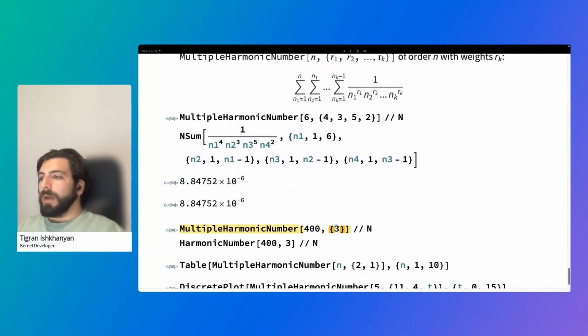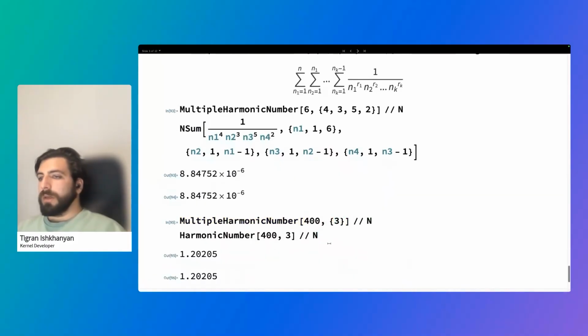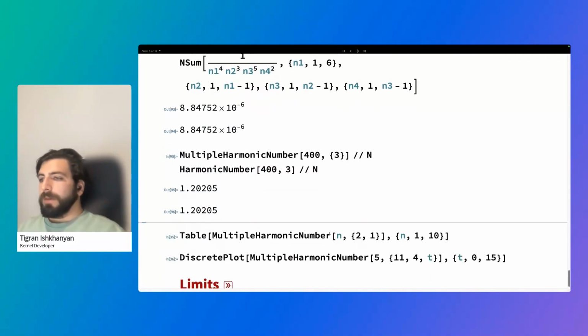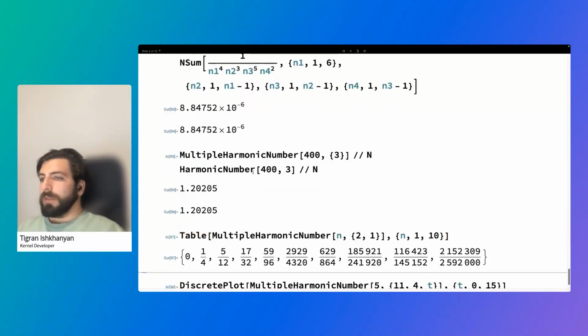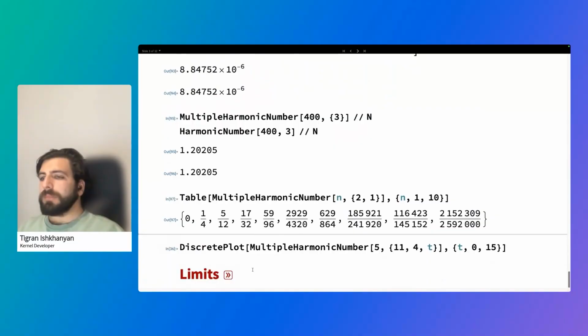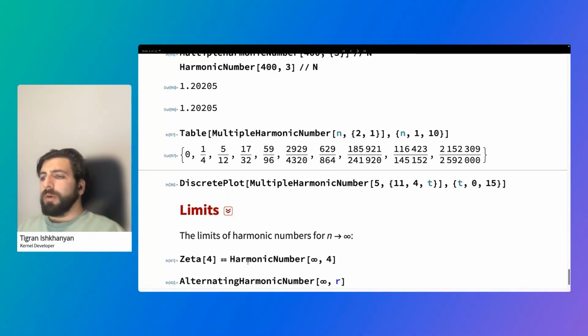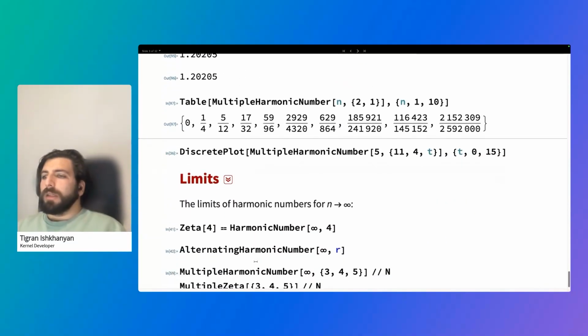When we have only one R, the multiple harmonic number is obviously the harmonic number, and here is a table giving some multiple harmonic numbers. The important point is that the harmonic numbers and their generalizations are written as finite sums. But what if n goes to infinity?